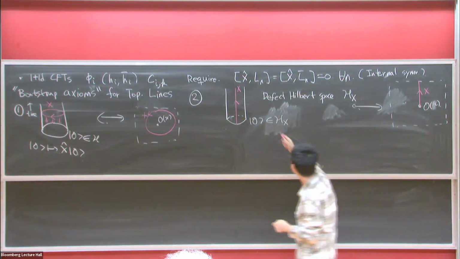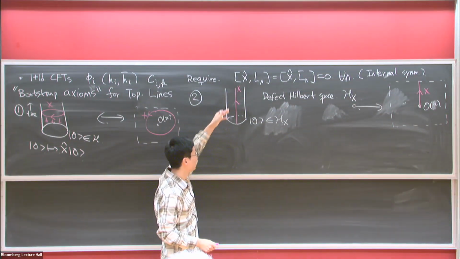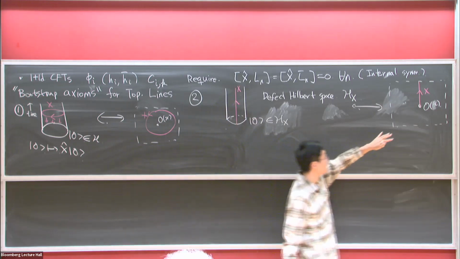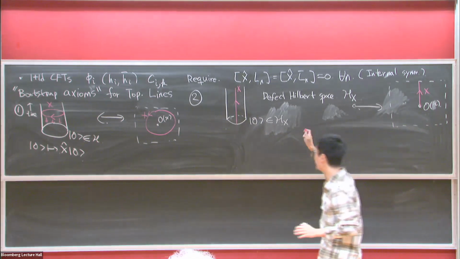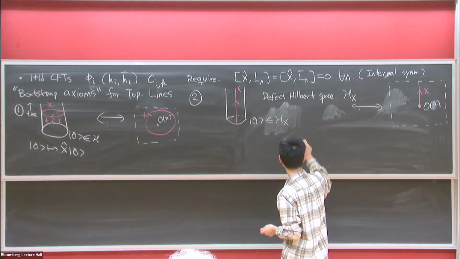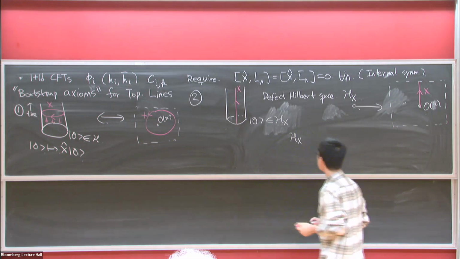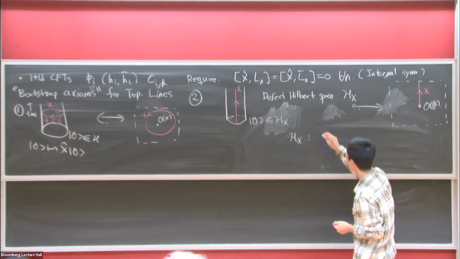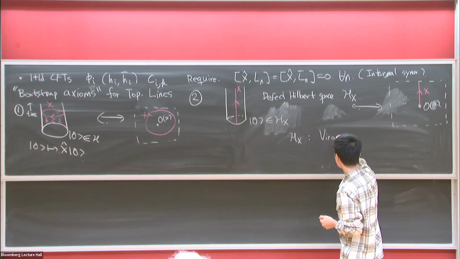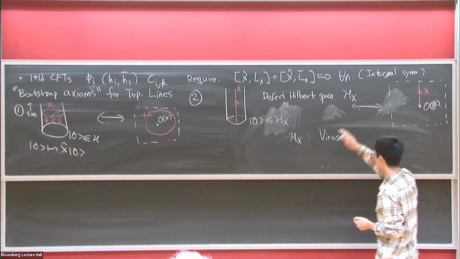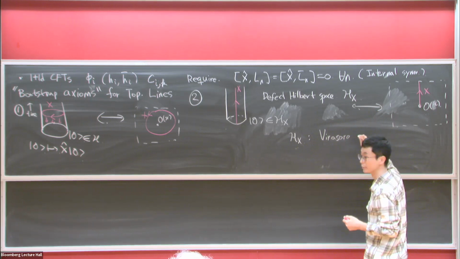Before moving on, one important thing is that because the line is topological, the presence of this topological line does not really ruin the conformal invariance, meaning that this defect Hilbert space H sub X is in a representation of the Virasoro algebra. So this Hilbert space still decomposes into Virasoro multiplets.